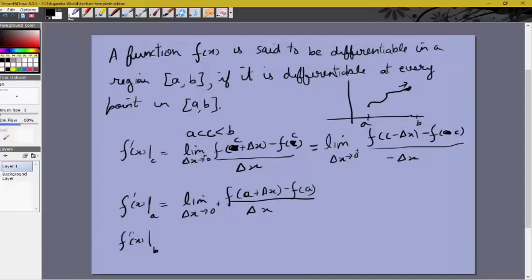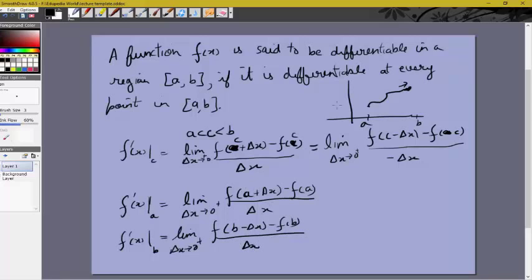We don't need to consider the right hand limit. So here the limits don't need to be equal to anything, they just need to exist. Limit delta x goes to 0 plus f of b minus delta x minus f of b by delta x.